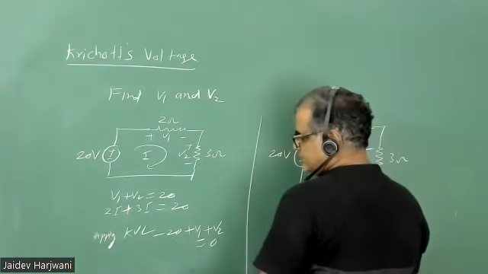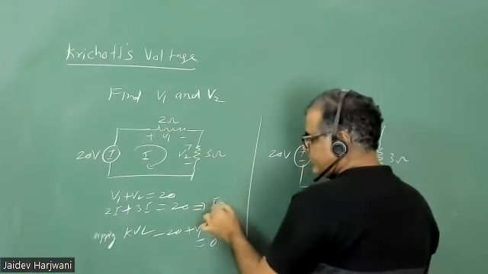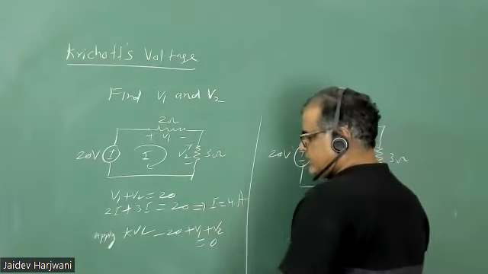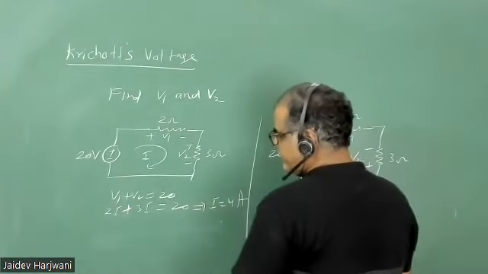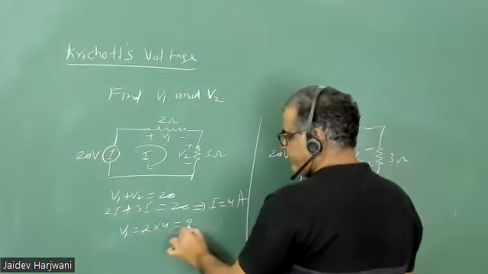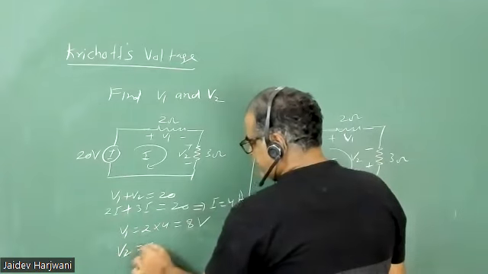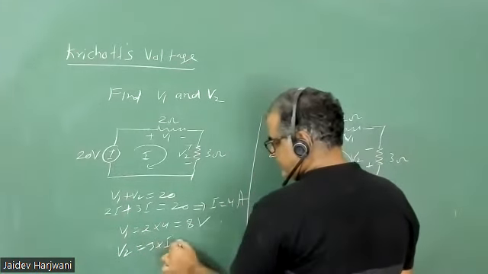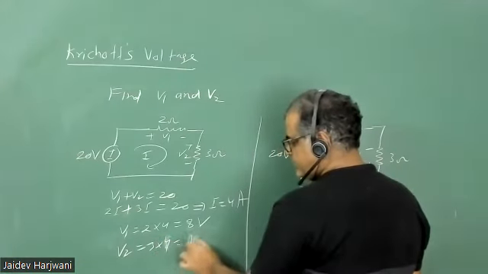So 5I equals 20, I is equal to 4 ampere. Once you know the current, you can find V1 and V2. V1 will be 2 into I, that is 2 into 4, 8 volts. And your V2 will be 3 into I, that is 3 into 4, 12 volt.